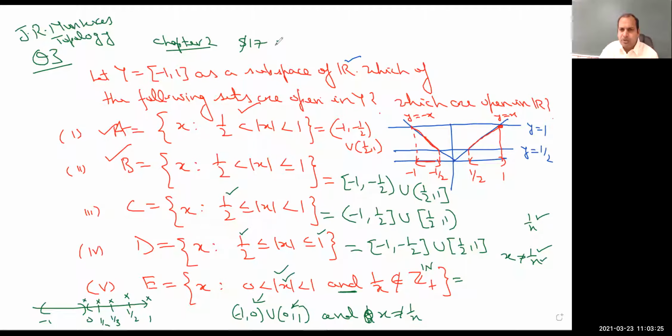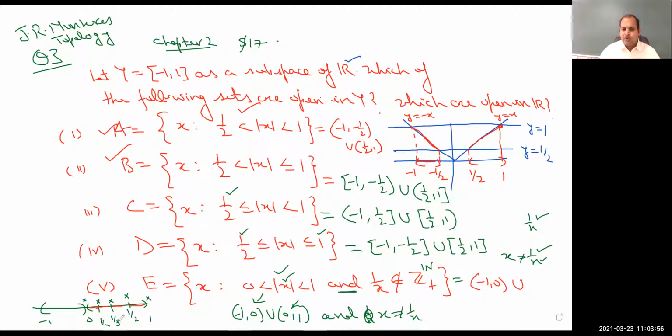So the remaining portion basically will be these intervals: this interval, this one, this one, and so on, and the left portion minus 1 to 0. So in general, I can write this set as minus 1 to 0 union... in general, if I take it as 1 by n, then the other end will be 1 by n plus 1.